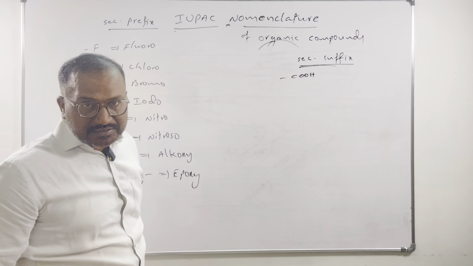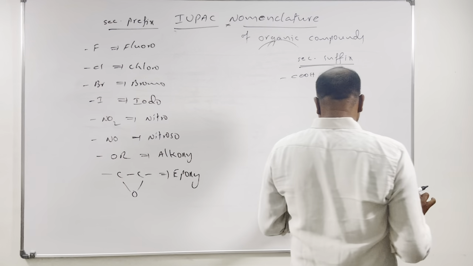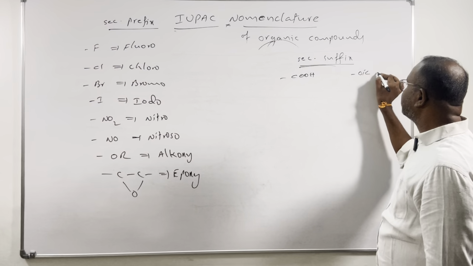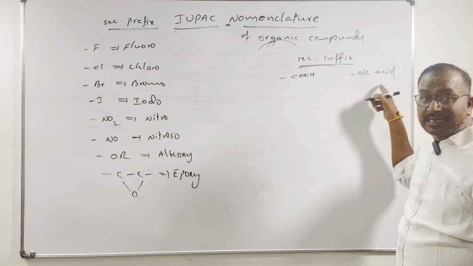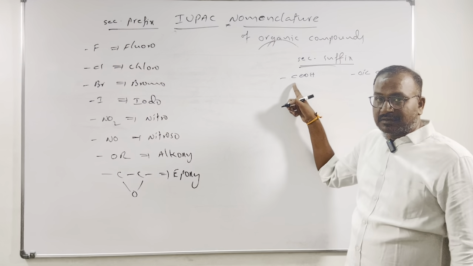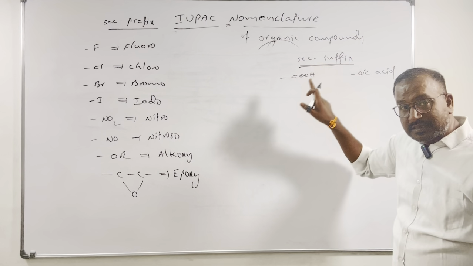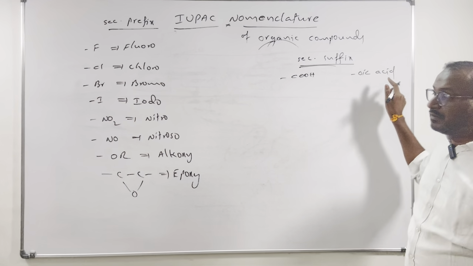So the suffix will become oic acid. Secondary suffix at the end of the name, oic acid. This carbon must and should be included in the main chain, and the name ends with oic acid.